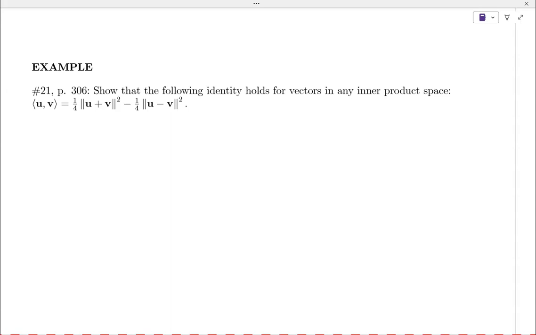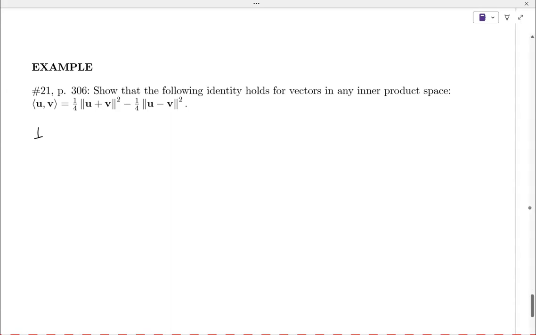If you think about how you typically prove identities, whether it's in this class or say a trig class, usually you'll start with one side and work with the other. And usually the side you want to start working with is the more complicated side. So which side do you think we really want to work with? The right is more complicated. At least I think it's more complicated.